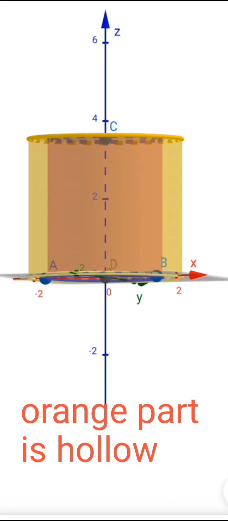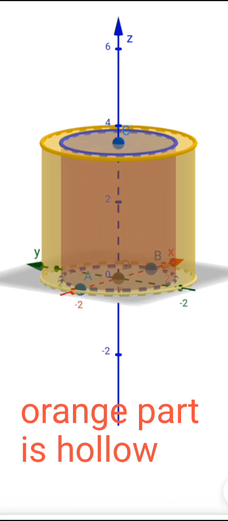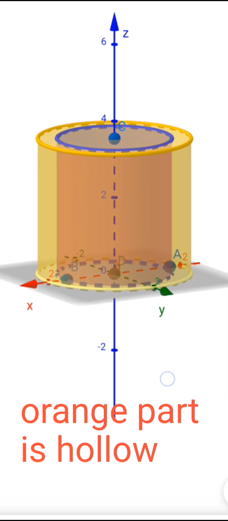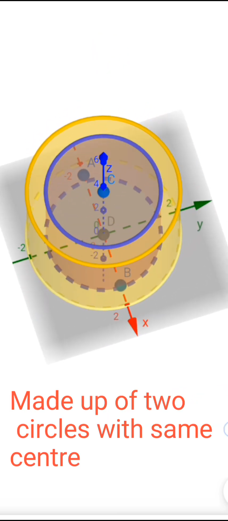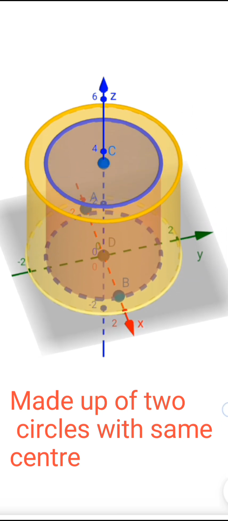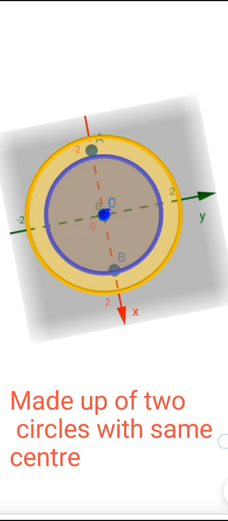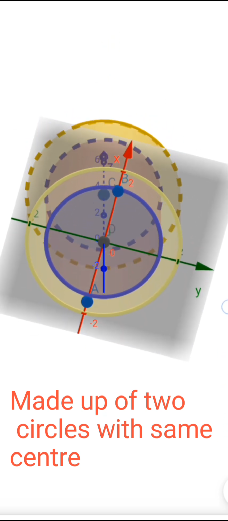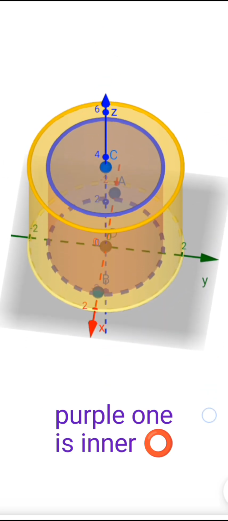This is the definition. As the name suggests, it is hollow or empty inside, and it has some difference between inner radius and outer radius. So if we look at the circular surfaces, they are made up of two circles. One is called inner circle and another is outer one.